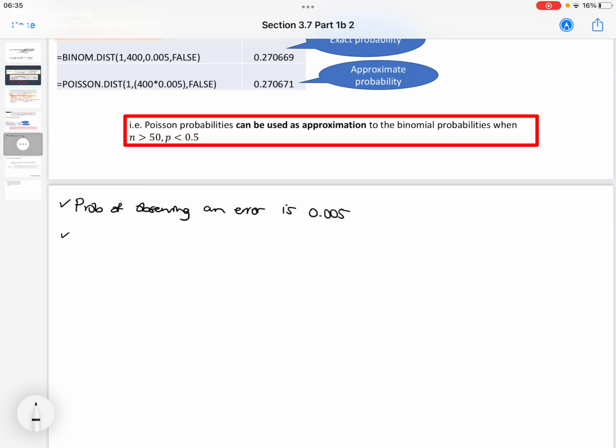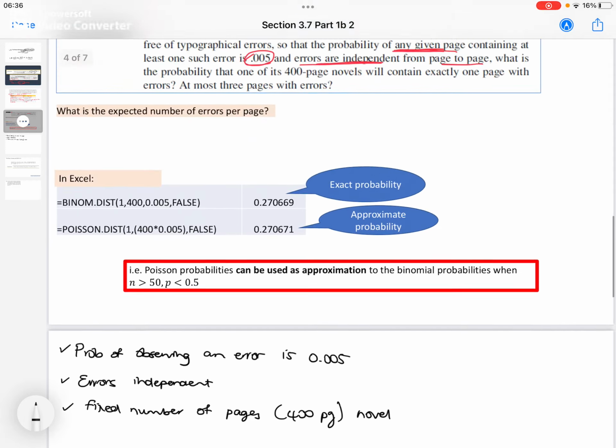And we're told that the errors are independent from page to page, meaning if there's an error on one page, it doesn't mean that the following pages will contain errors as well. Errors are independent. We have a fixed number of pages for a novel, a 400-page novel. So that is what they tell us.